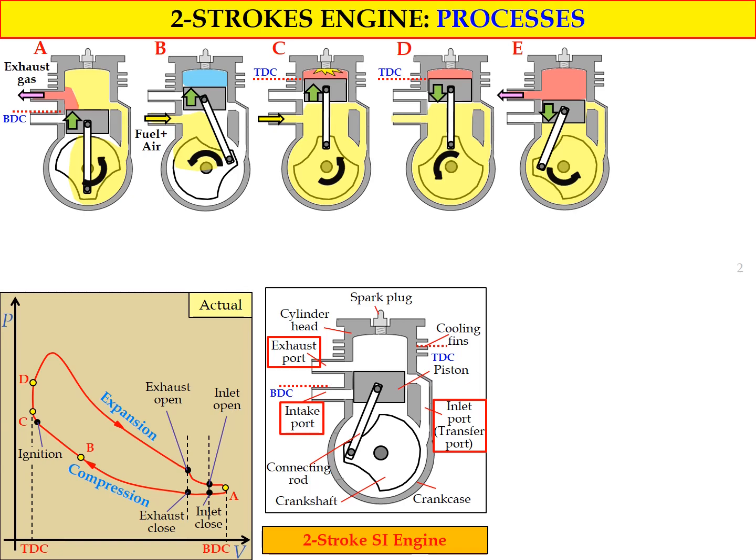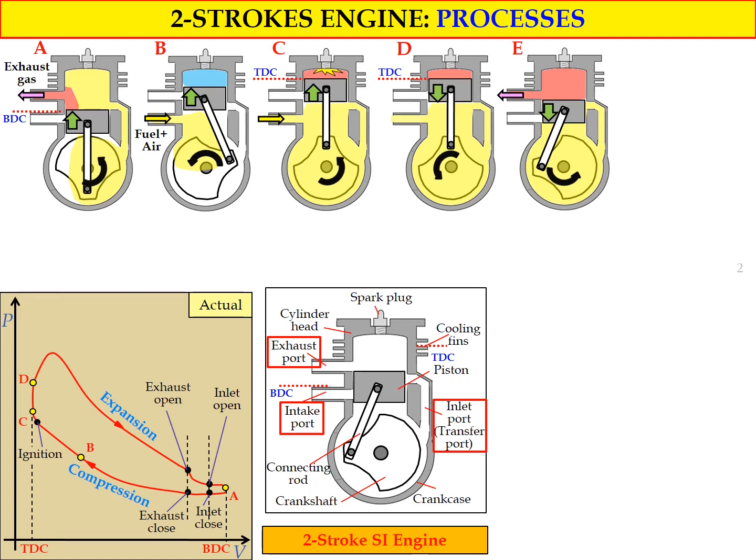Okay, so the fuel inside the crankcase will have an increase of pressure due to the closing of the intake port opening, and also the closing of the inlet port, because of the movement of the piston downward and also the rotation of the crankshaft.